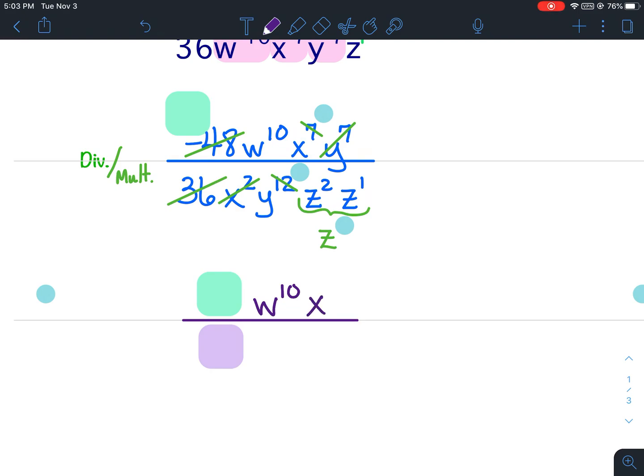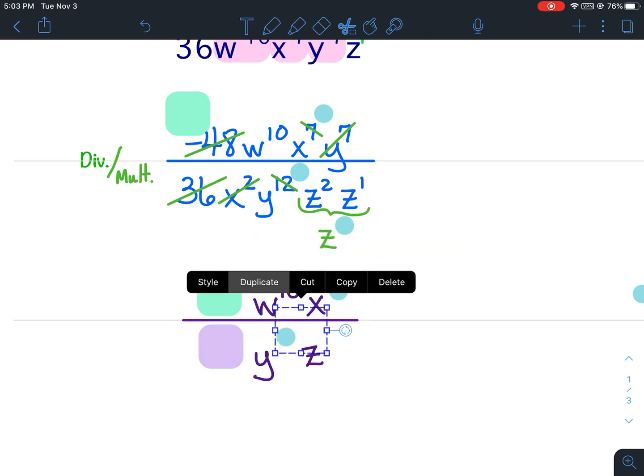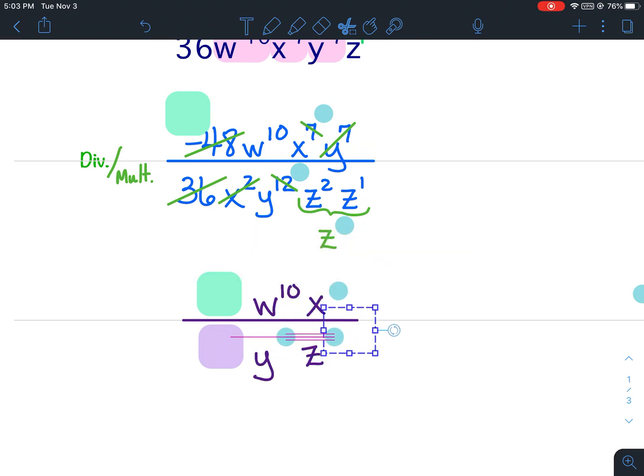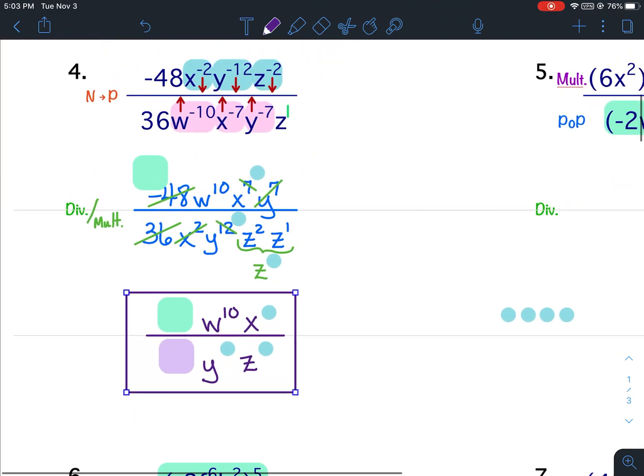On the bottom, I have the y and z terms. So you need to find these exponents. All right, and that is it for question number 4.